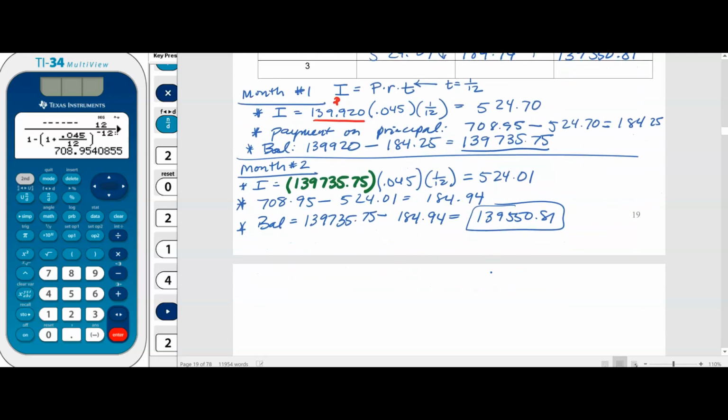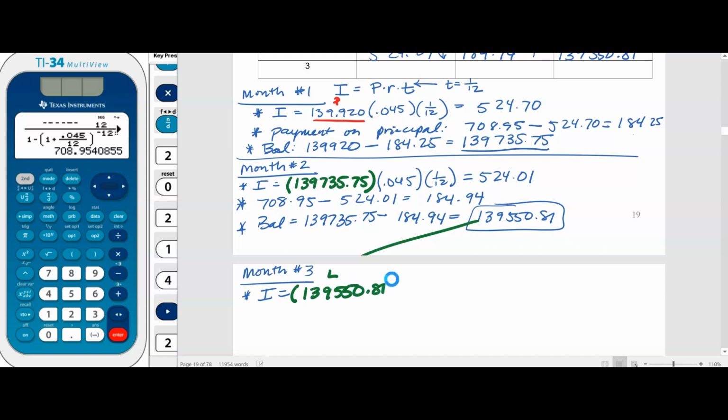So I'm going to come down here and I'm going to write down month 3. And then when I calculate the interest, I'm going to get my different color. I'm going to take this dollar amount from that last problem here, $139,550.